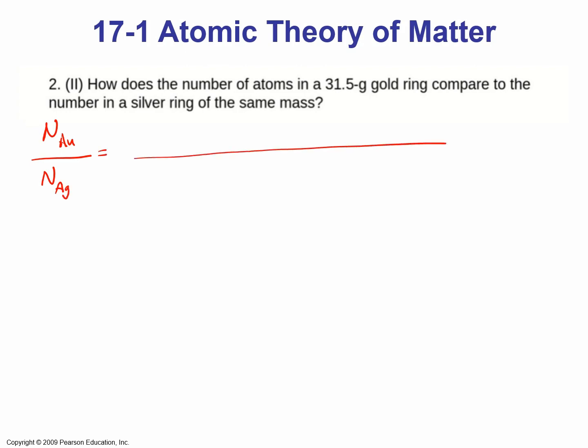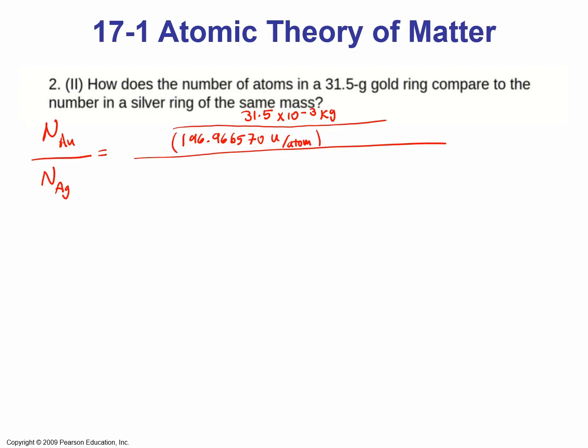We take a ratio of the mass of the substance, which is 31.5 grams, converted to kilograms by times 10 to the minus 3 kilogram, divided by the atomic mass of Au, or gold, which from the lookup table is 196.96657 U per atom.